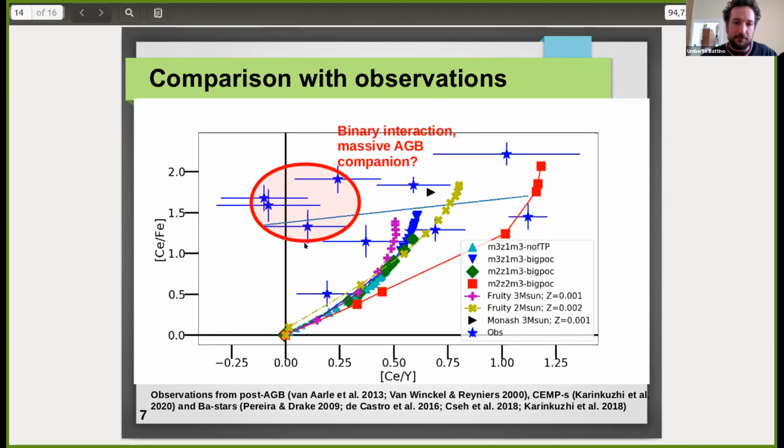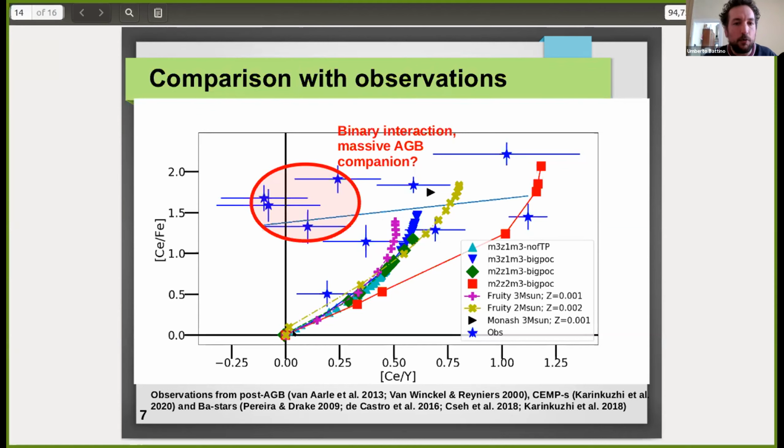We advanced some hypotheses for these stars. Those stars could actually be binaries, maybe with a massive AGB companion which evolved through the AGB phase. In the case of massive AGB, the main neutron source there is the alpha n reaction, so you produce a lot of first peak elements, a lot of yttrium, but very low abundance of second peak.